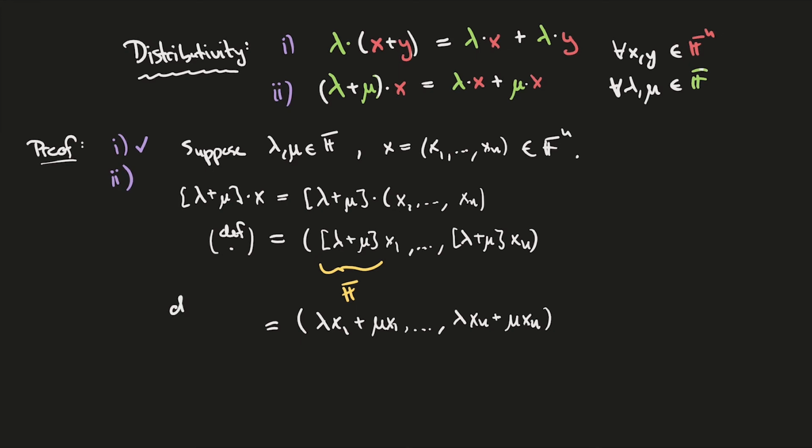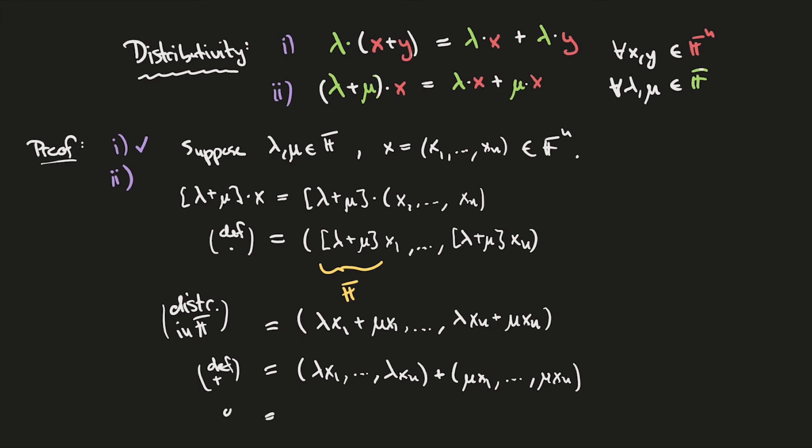And this is again applying the distributive property in our field F. Now we can separate out the components containing lambda from those containing mu using the definition of addition in reverse. This gives (lambda x1 up to lambda xn) plus (mu x1 up to mu xn).